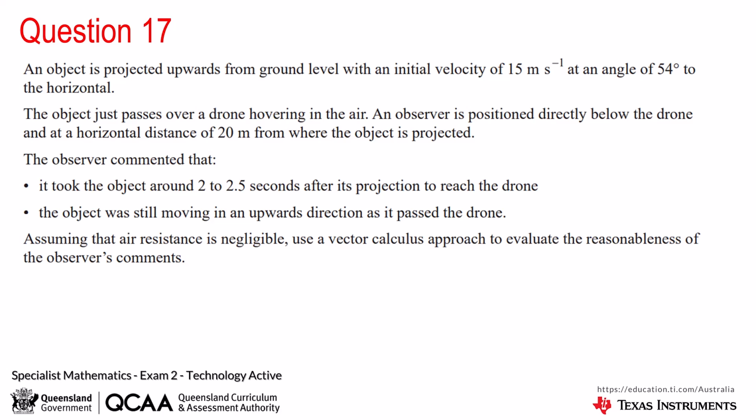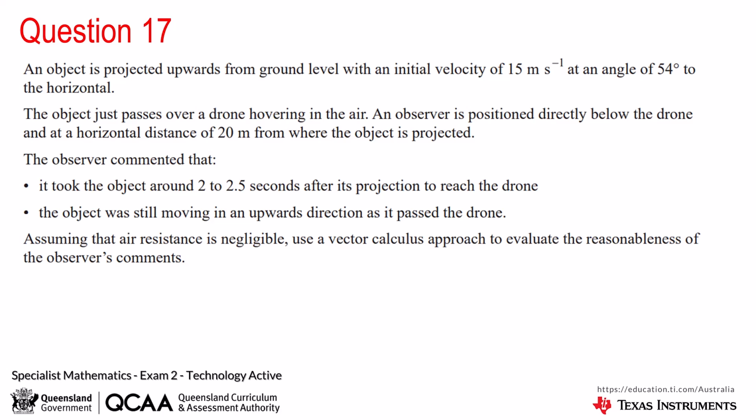And a reminder that the observer is 20 metres away from the point of projection. So to test the observer's first claim, we can substitute t equals 2 and t equals 2.5 into x of t equals 15 cos 54 degrees times t and determine the reasonableness of the observer's claim.